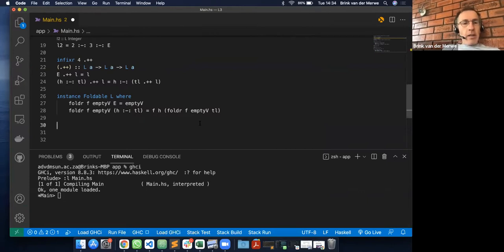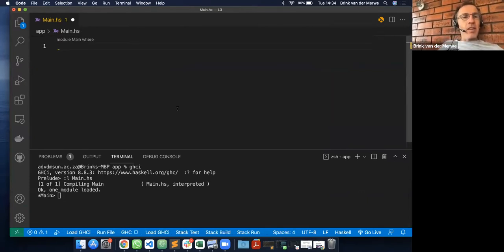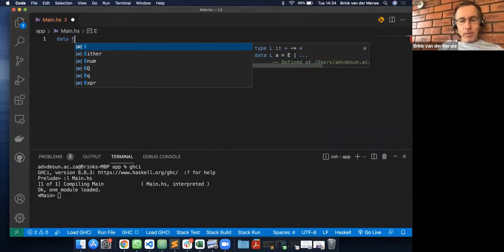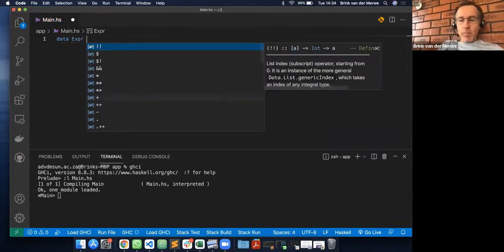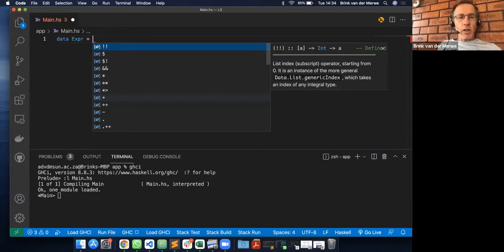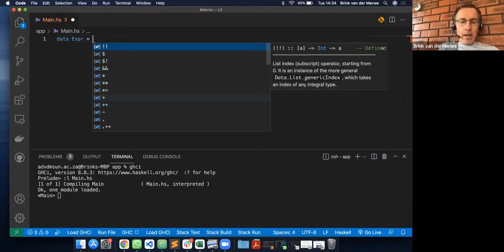And I'll delete here what I have. And what I'll do is I'll start where I ended last time. Again, I'll define this expression type of mine, very simplistic to keep the code short, and then write some evaluator for it.